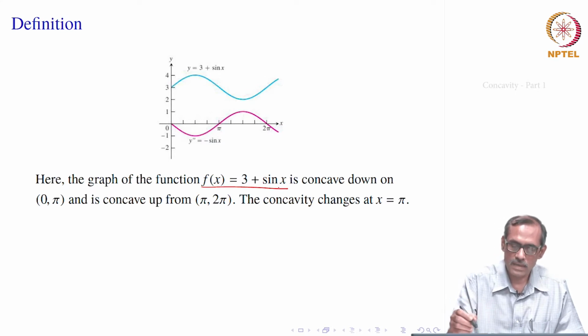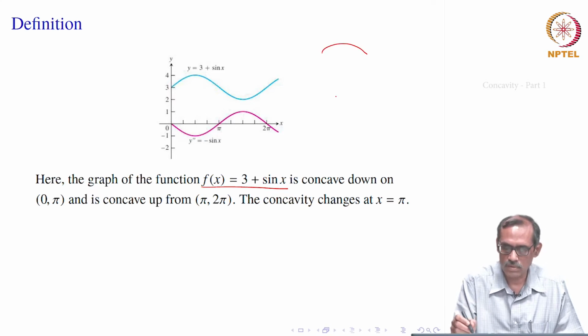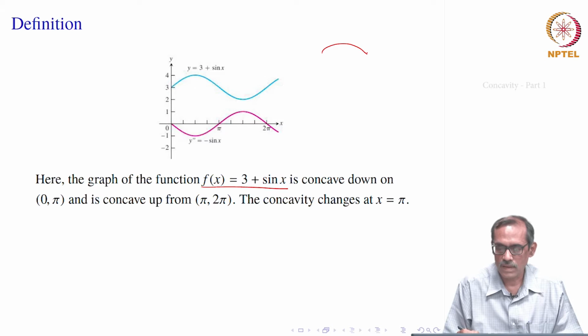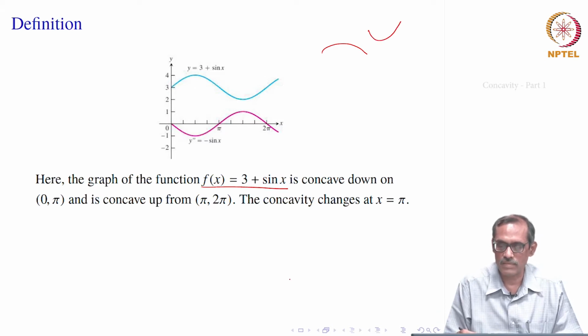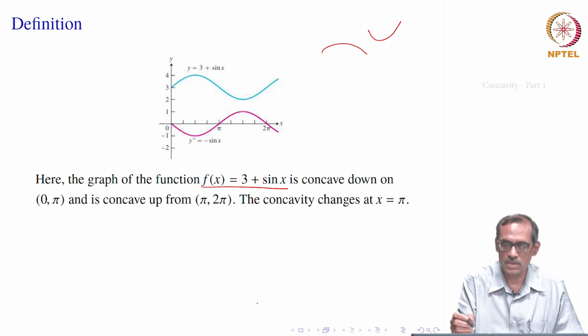So, when a curve looks something like this, looked from the x axis side, we will be calling that concave down, and when it is looking something like this, we will say it is concave up. Of course, we should define them rigorously, but this is just an intuitive idea that this one is called concave down and this one is called concave up.